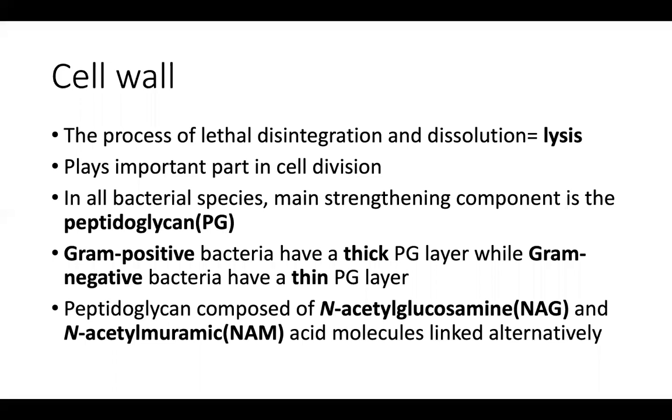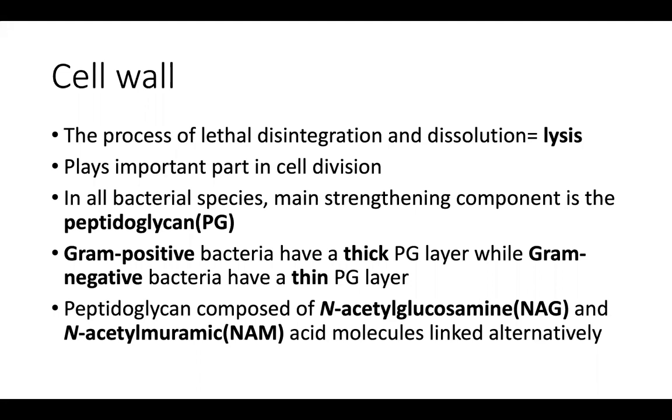So in all bacteria species, the main strengthening component is referred to as the peptidoglycan. That's an important word that you'll be coming across a lot in bacteriology, the peptidoglycan.